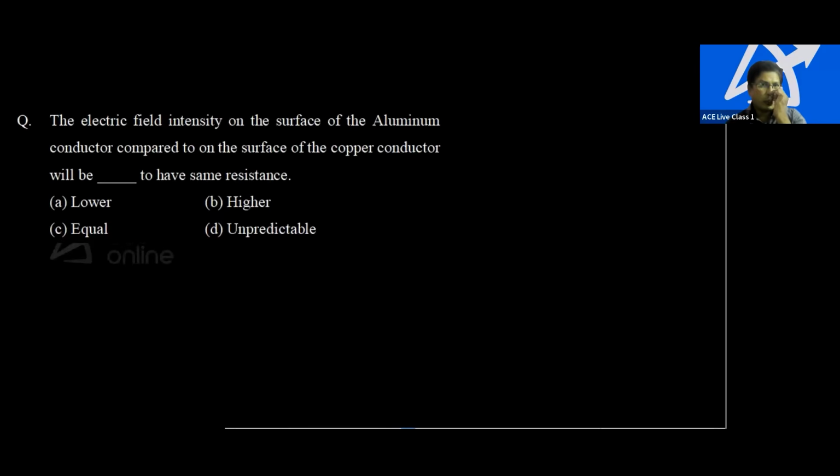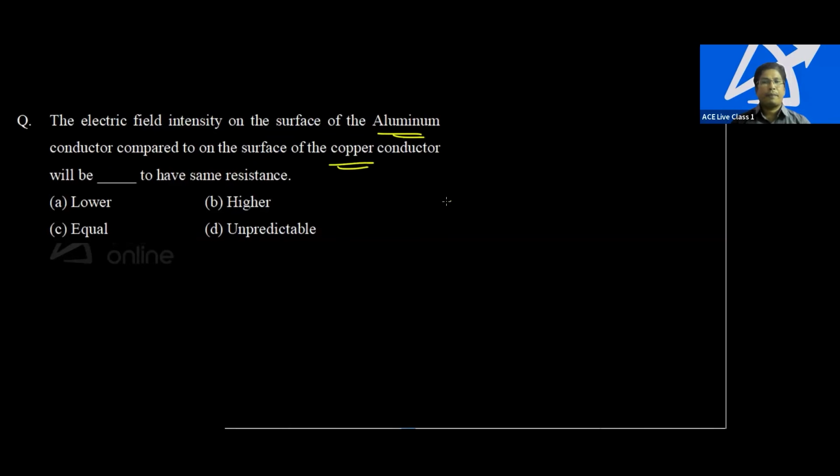Right. So next question, students. In electric field, the electric field intensity on the surface of the aluminum conductor compared to that of the surface of the copper conductor will be dash to have the same resistance.